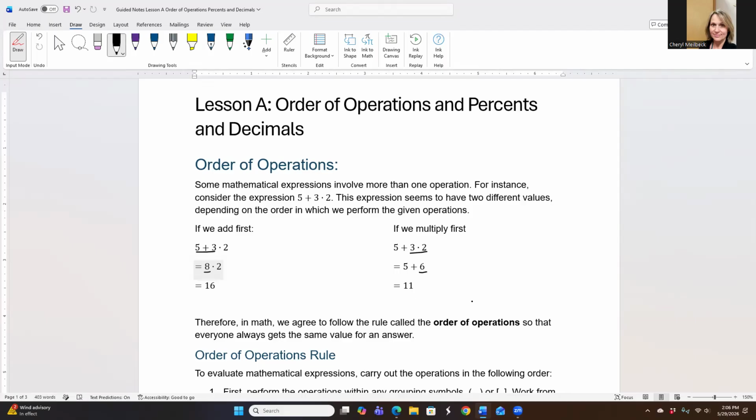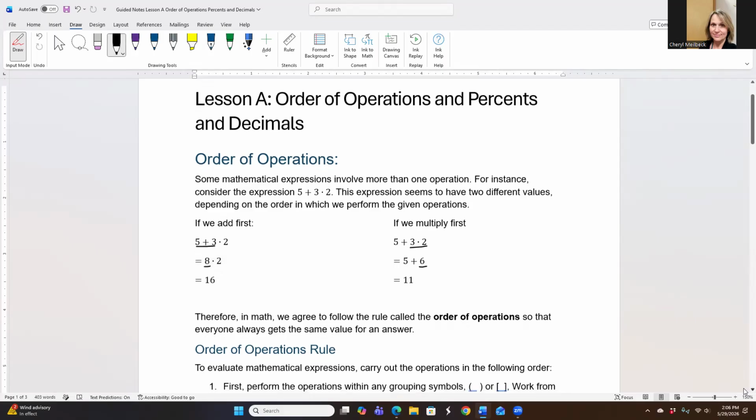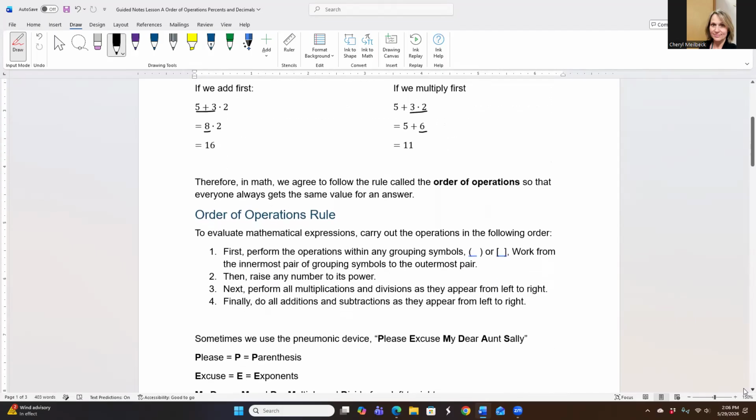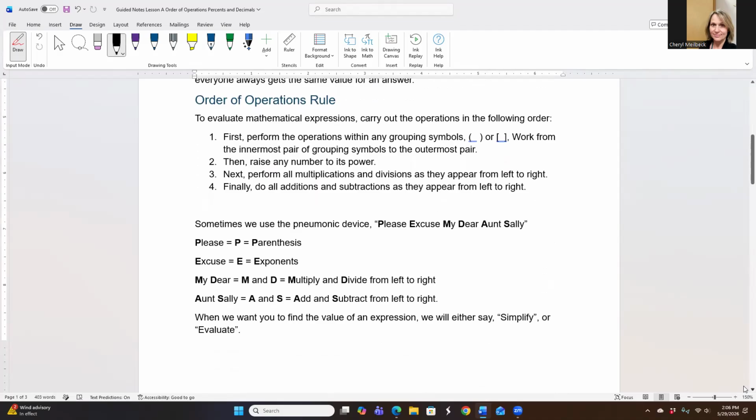Therefore, in math, we agree to follow the rule called the order of operations so that everyone gets the same value as an answer. Here's our order of operations rule. Many of you have seen it before. To evaluate mathematical expressions, carry out the operations in the following order.